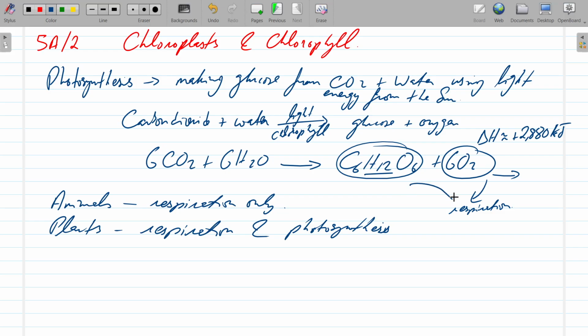And some of the glucose is utilized for respiration then and there by the plant cells, and some of it is stored or converted, and we get into details of this, to amino acids and lipids and other biological molecules as required. So just don't have that notion that plants don't respire. They do. And I will stop here.